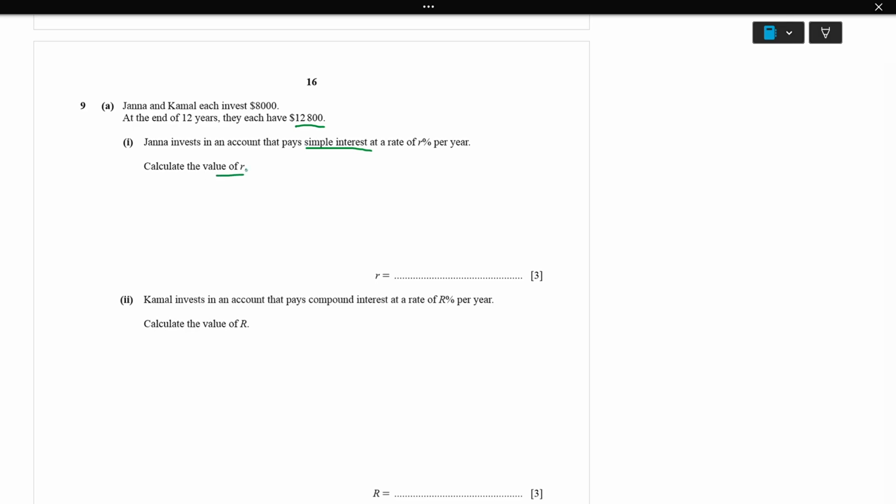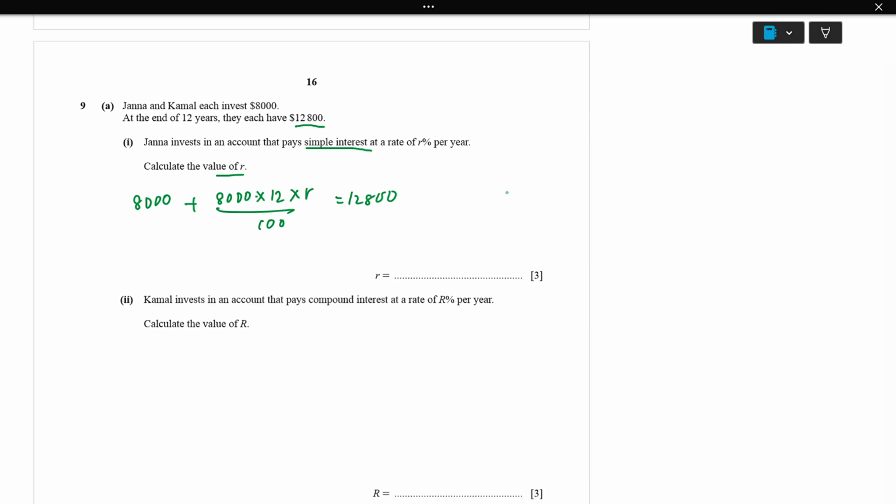So we need to calculate R. So for simple interest, 8,000 plus 8,000 times 12 years times the rate of interest R over 100 equals 12,800.